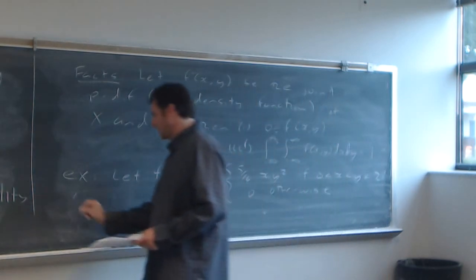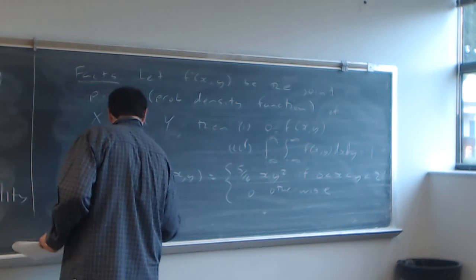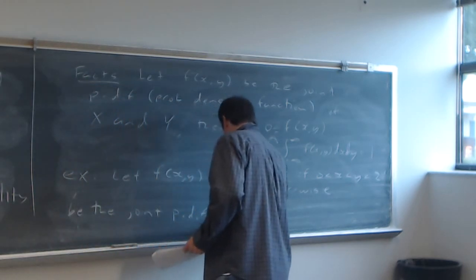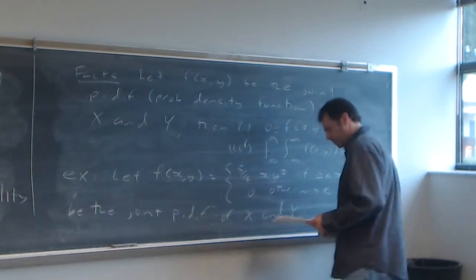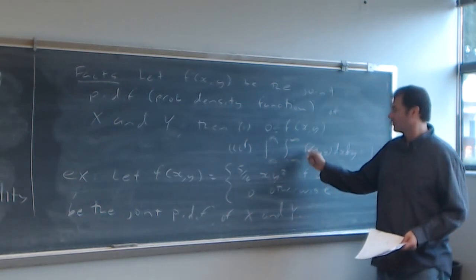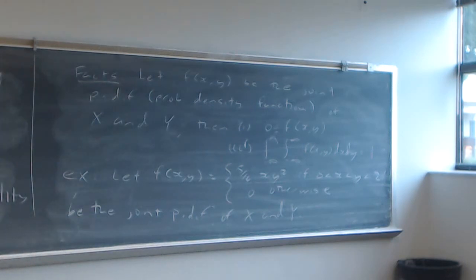Okay, we're going to let this be the joint PDF of x and y. And in particular, what we're going to do is show this second fact, that if I do the double integral of this function, we get 1.